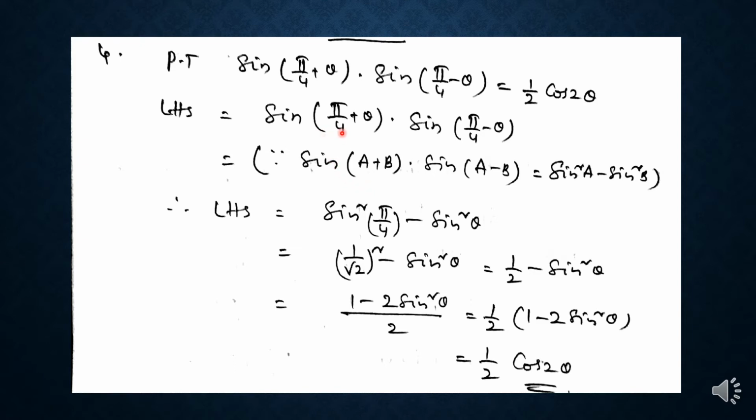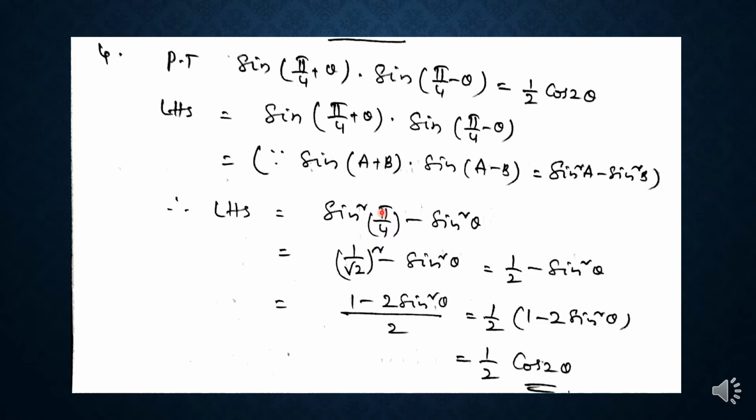So here A is equal to pi by 4 and B is equal to theta. So that is equal to sine square pi by 4 minus sine square theta. Pi by 4 means 45 degrees. So what is the value of sine 45 degrees?